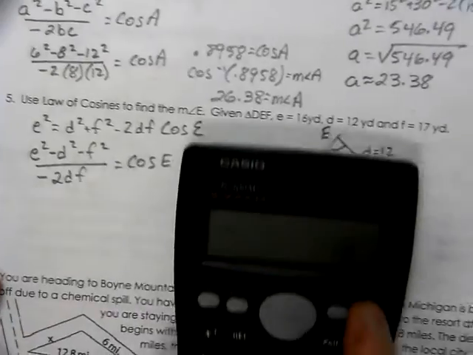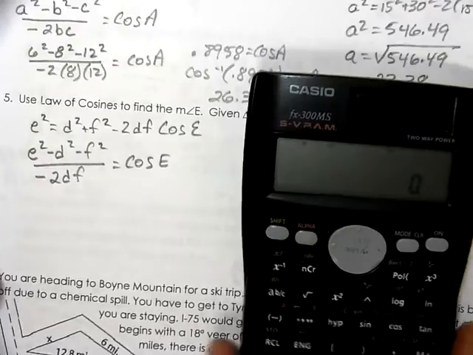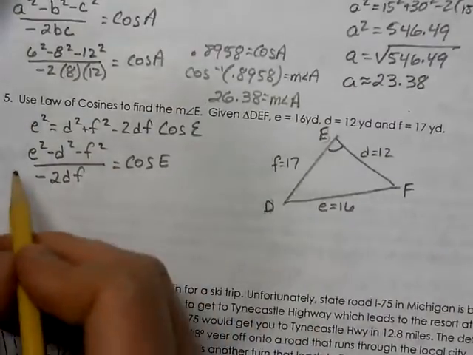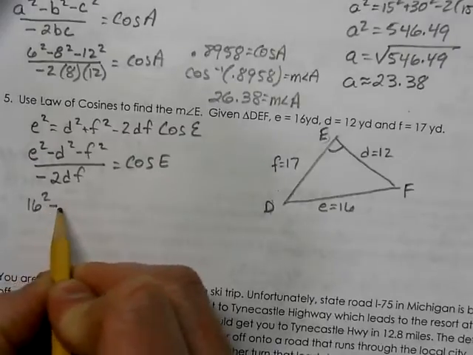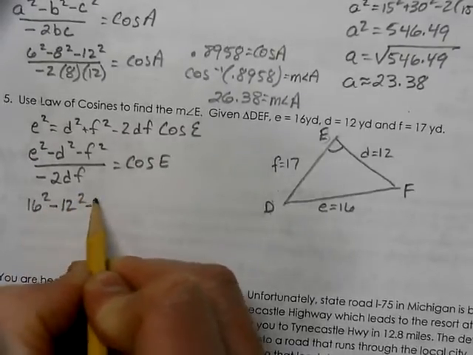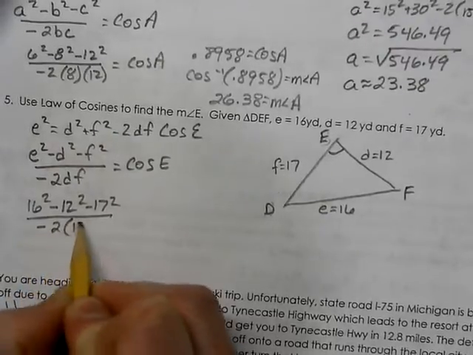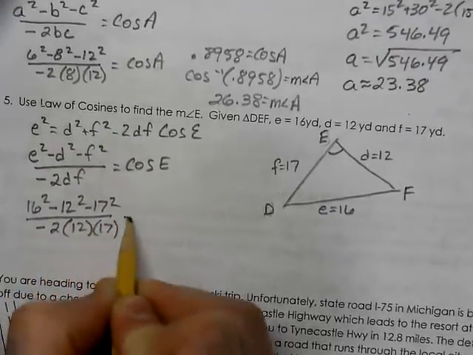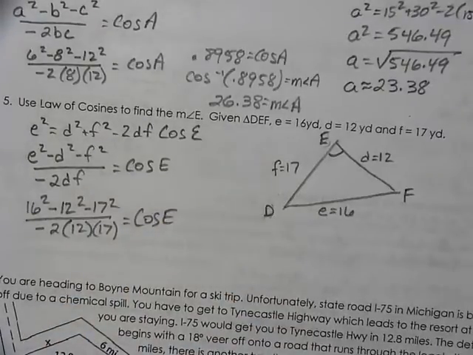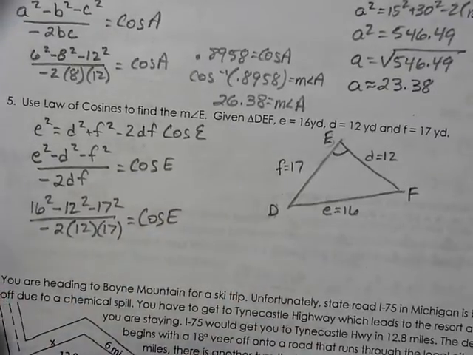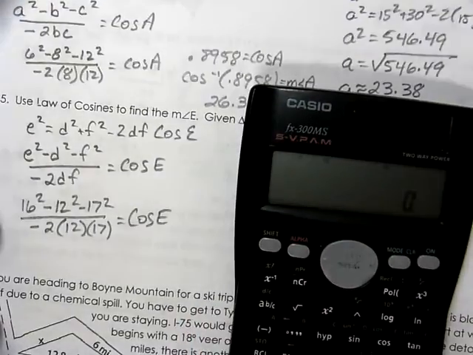So we'll come over here and type in, well, first let's write in the numbers. E is 16 squared minus 12 squared minus 17 squared all over 2 times 12 times 17. That is the cosine of E. If that's the cosine of E, we'll use our calculator to figure out what that decimal is.